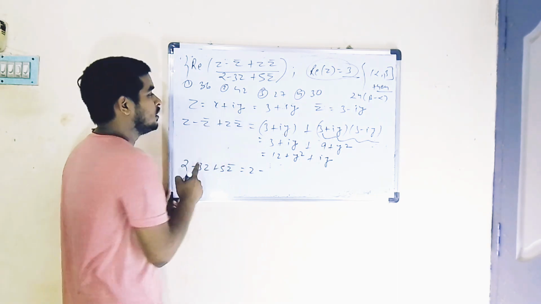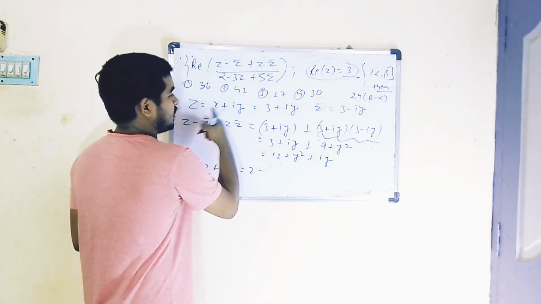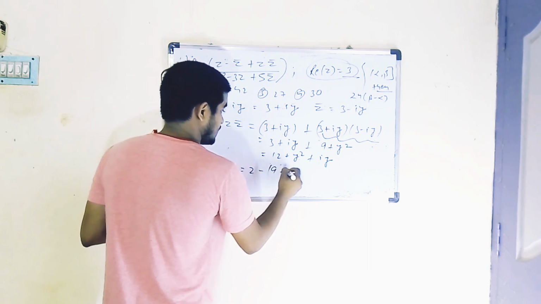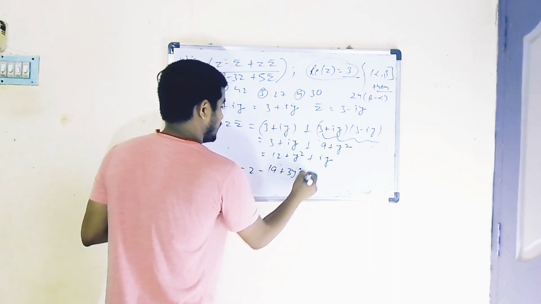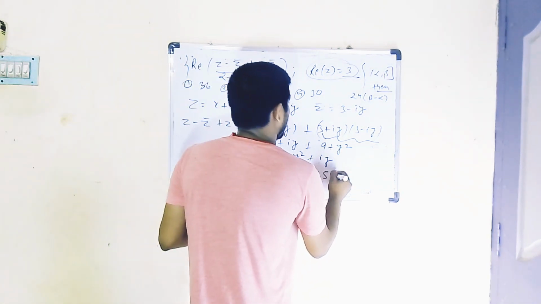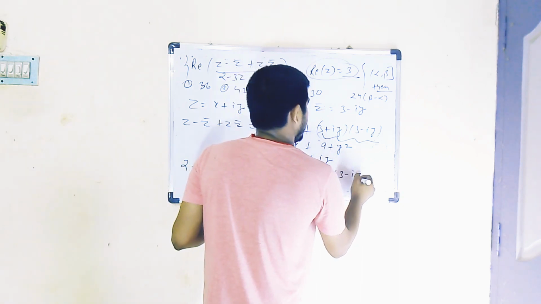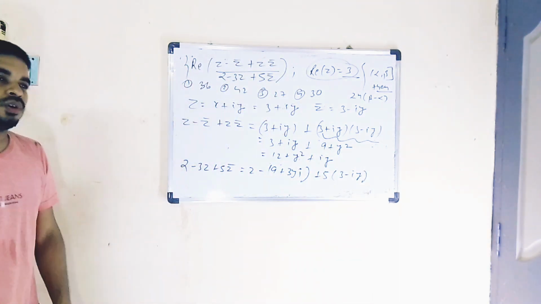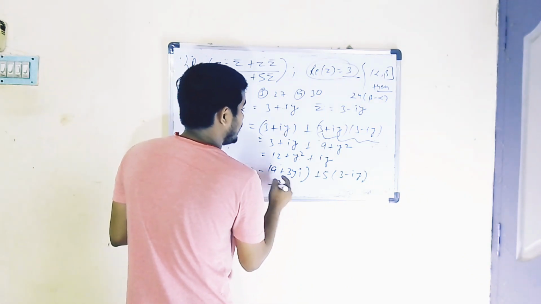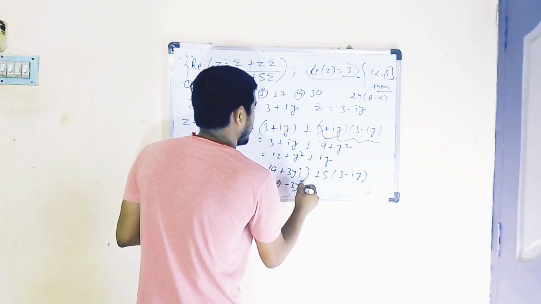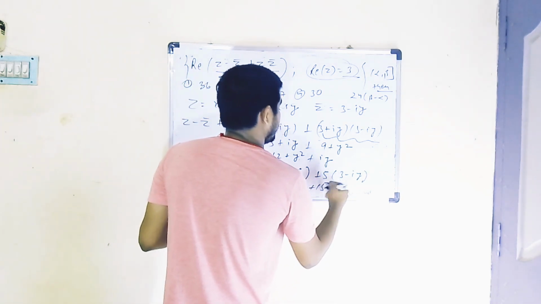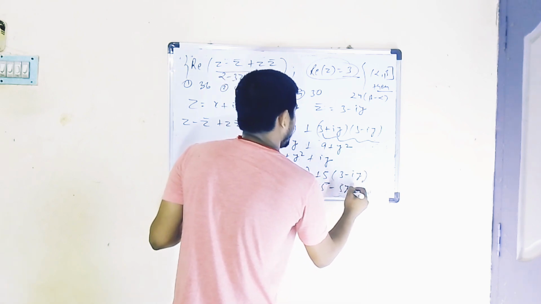Thrice of z is 3 into 3, 9, minus 9 plus 3iy, plus 5 of z complement, plus 5 of 3 minus iy. So this is 2 minus 9 minus 3yi plus 15 minus 5yi.